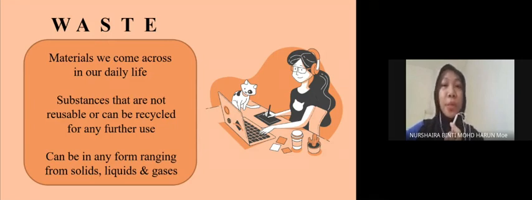But first of all, what is waste? Waste is the materials we come across in our daily life, substances that are not reusable or can be recycled. A waste can be in any form, ranging from solids, liquids, even gases.